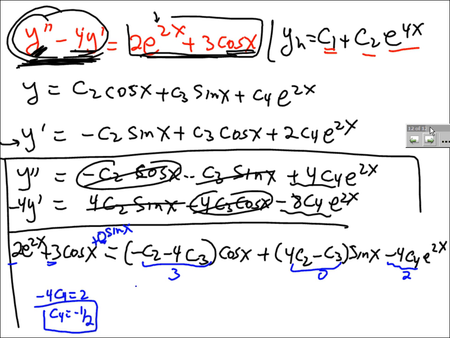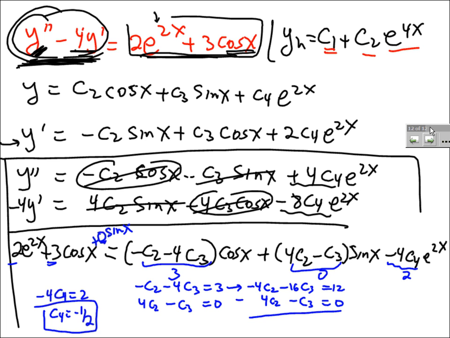Now we have negative c2 minus 4c3 is 3. And 4c2 minus c3 is 0. If I multiply this top equation by 4, I'll have negative 4c2 minus 16c3 is equal to 12. The bottom equation I won't change.